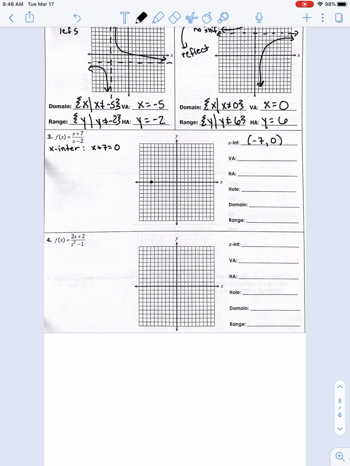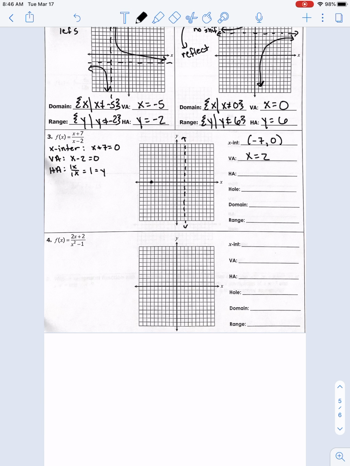Okay, next step is vertical asymptotes. That's going to be setting the denominator equal to 0. So we get a vertical asymptote at x equals positive 2. Horizontal asymptote, that will be our degree analysis. So we have an x over x, and that's a 1 in front of both.